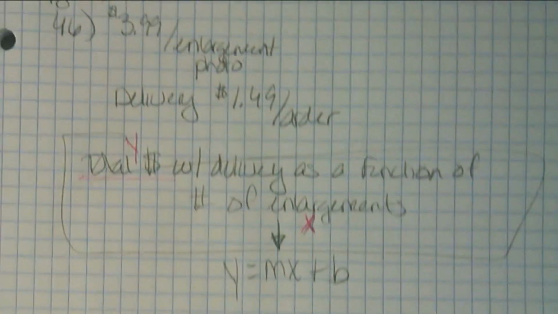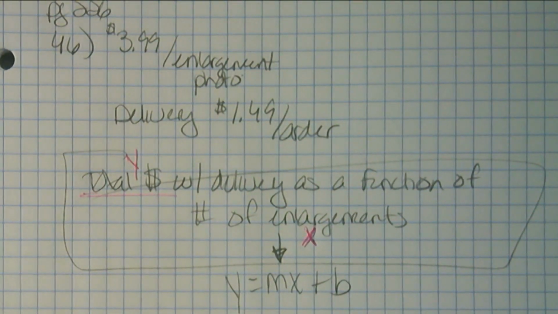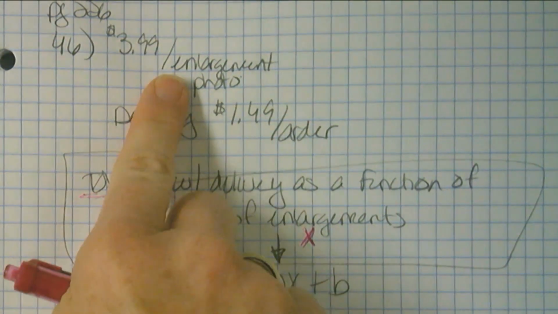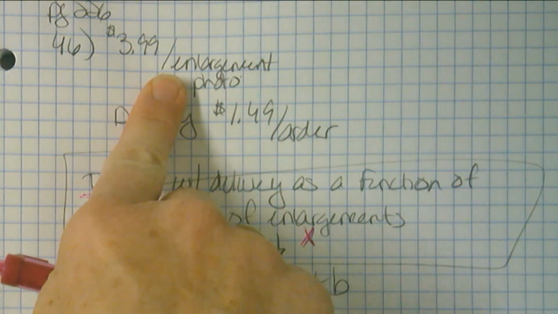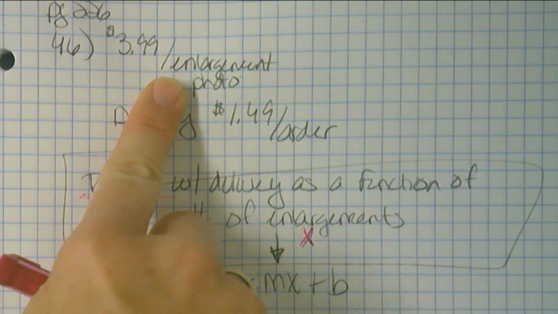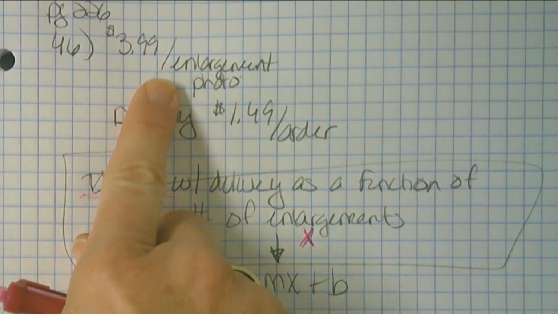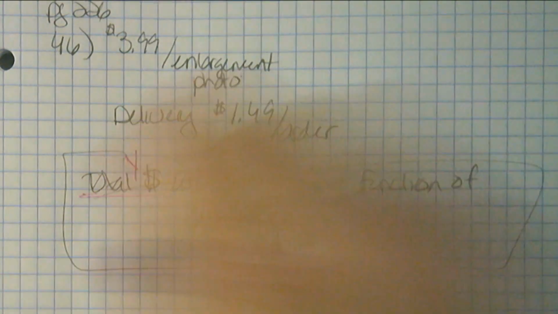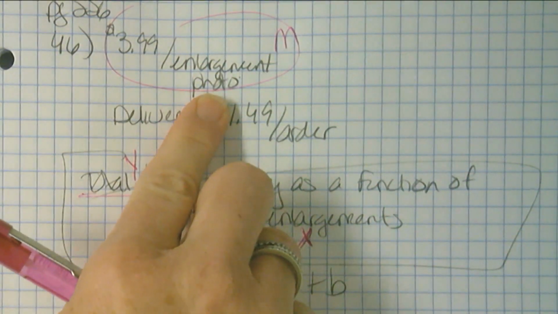Now I'm going to go back up here to figure out what I have. If x is my number of enlargements, what does that mean $3.99 is? Lily? That's our slope, because it depends on my number of enlargements.